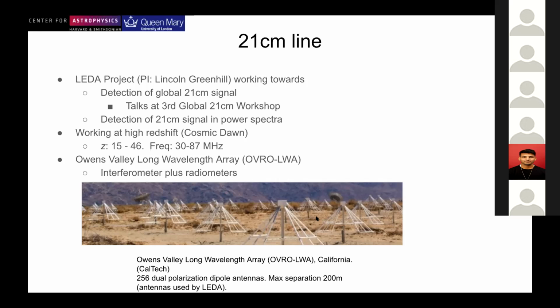This is a picture of the array. There are 256 dual polarization dipole antennas on the ground with a max separation of 200 meters, which are the antennas used by LEDA. Caltech has other antennas that give a wider separation.